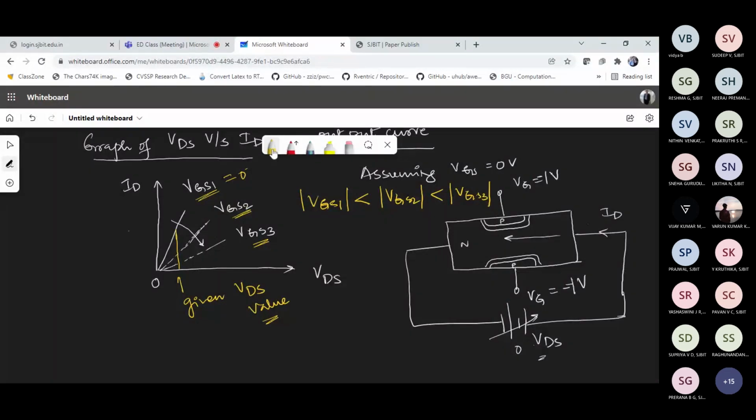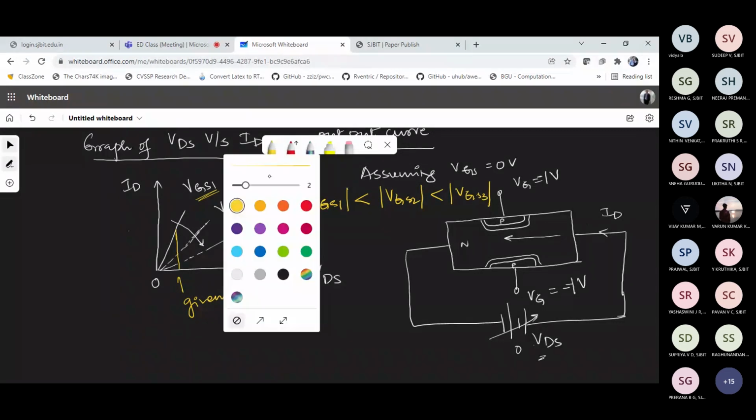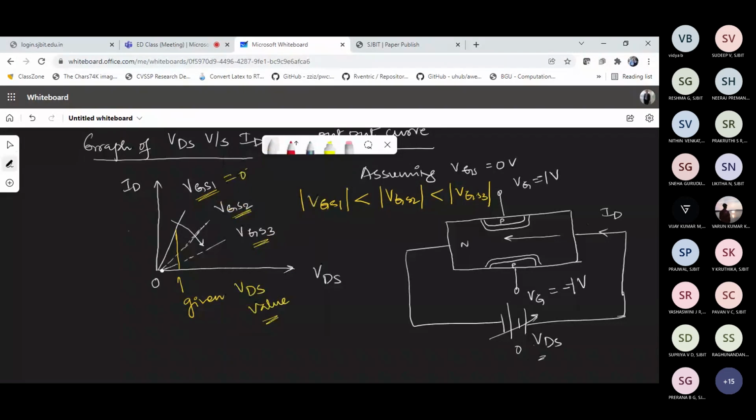Just a second, I'm trying to get the color. Okay. So when VGS reaches pinch off, what you observe is a current like this. In fact, I should make it lie on the x-axis. This is VGS equal to VP, the pinch off voltage. This is how it will look. Remember, this is only the partial graph we have written.